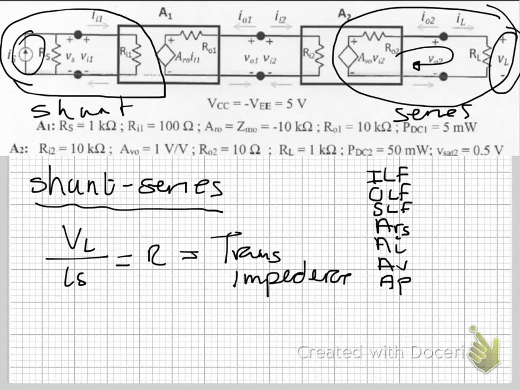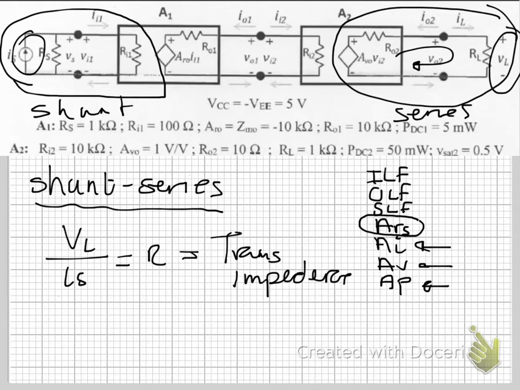The second part of the question would be to calculate the overall gain, and a third part of the question would be to calculate the other types of gain, like your current gain, your voltage gain, your power gain. But we're going to start first of all by calculating our transimpedance gain, right?